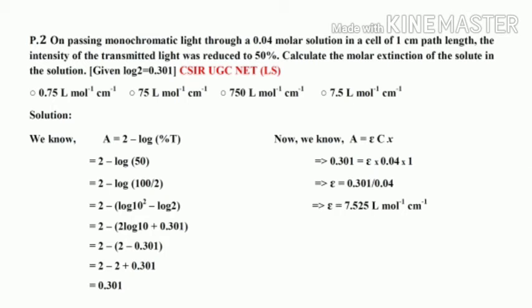So A is equal to 2 minus log of 50, we can write it as 100 by 2, which will become A is equal to 2 minus log of 10 square minus log 2. So this implies A is equal to 2 minus 2 log 10 plus, it will be minus 0.301.